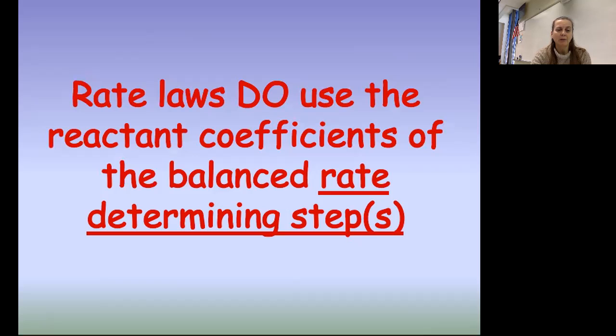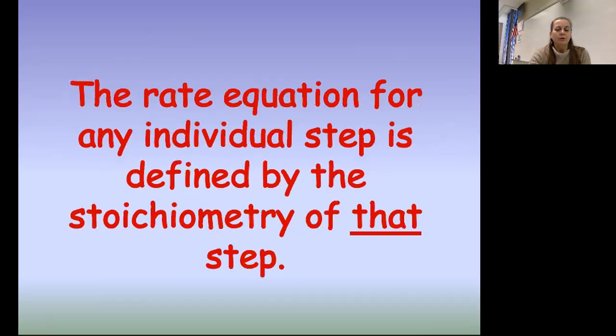If we have a bimolecular reaction, then we're going to have a second order reaction. So those rate laws that we determine experimentally do come from those balanced chemical equations, but only for the rate determining steps. So the rate equation for any individual step is defined by the stoichiometry of that particular step.